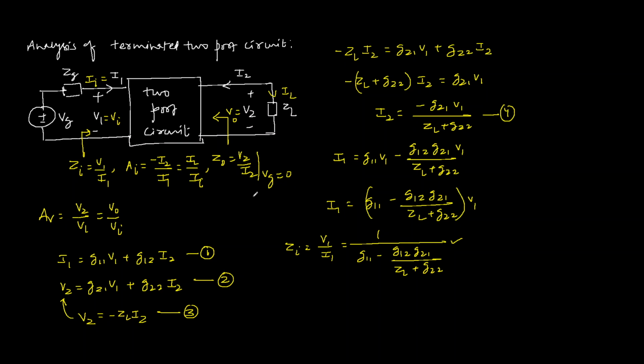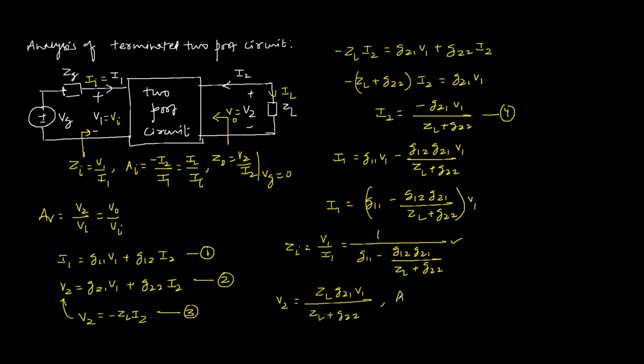Now we can find the voltage gain, which is the ratio of V2 over V1. Replacing this I2 from equation 4 into equation 3, we can write V2 as negative, negative is positive, so ZL G21 over ZL plus G22 times V1.